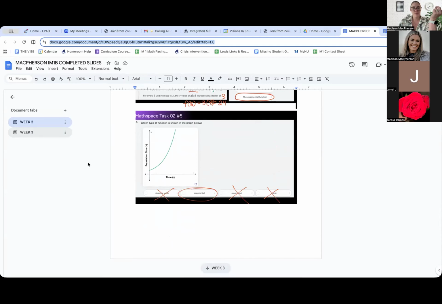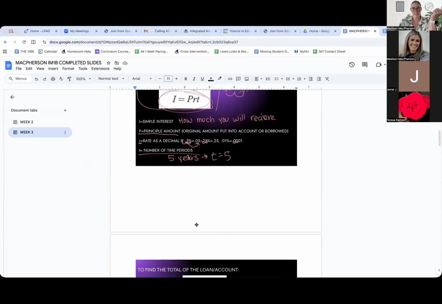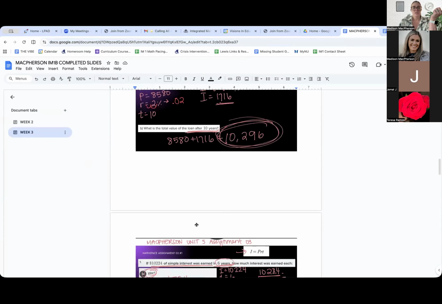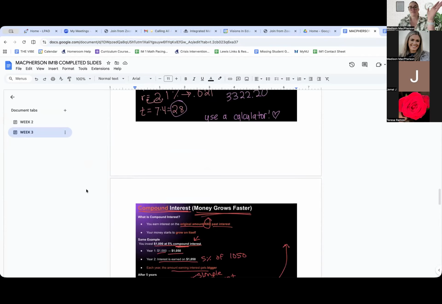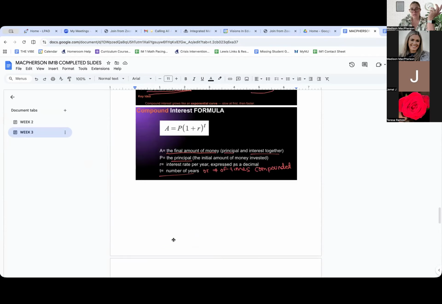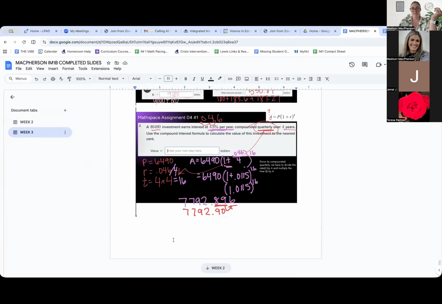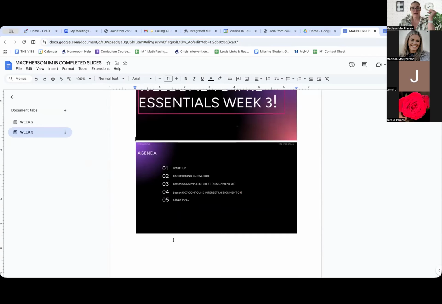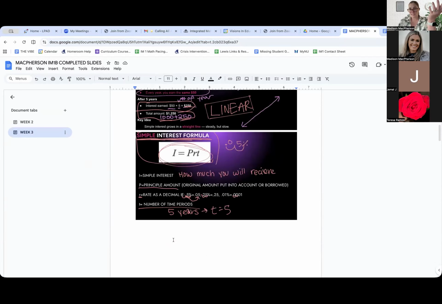And then if you go to week 3, this one has the slides from this week. I posted these yesterday after I taught. So next week, you'll see week 4, and it'll have the slides for number 4. It goes through all the examples, all of the problems, and the math-based assignments. So you should be able to access this stuff even if you happen to miss class 1 week.